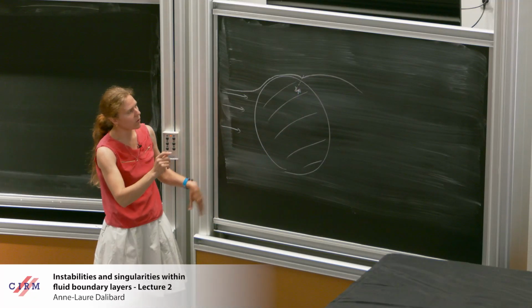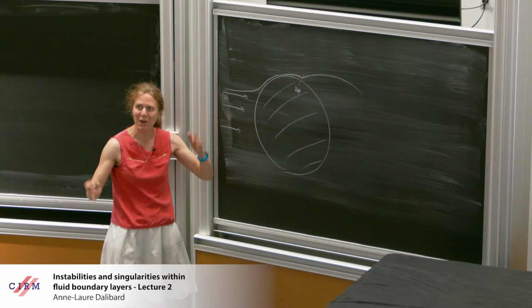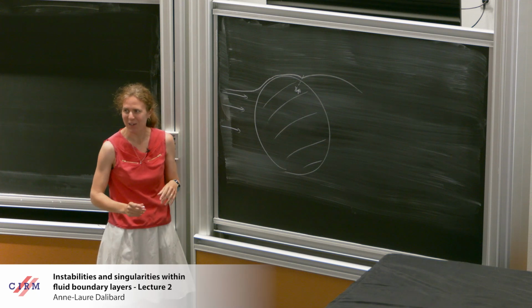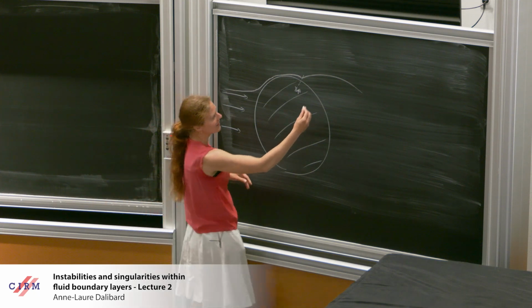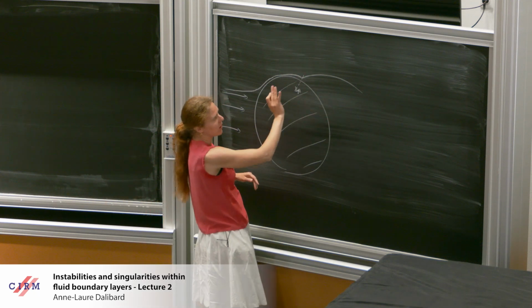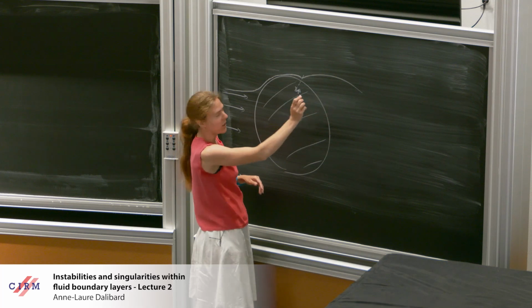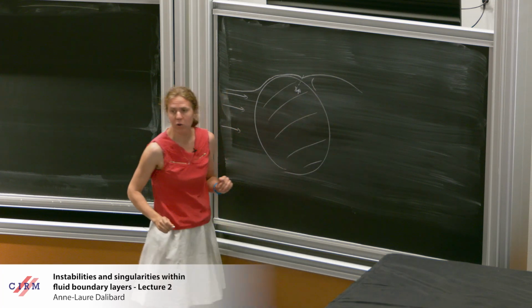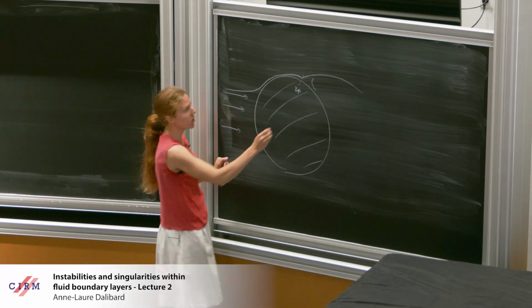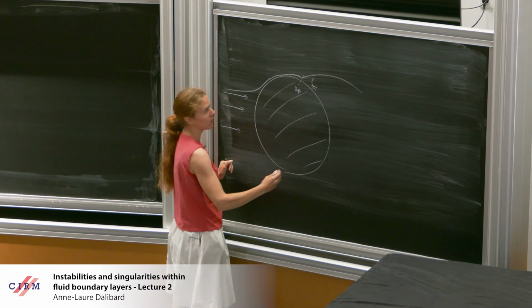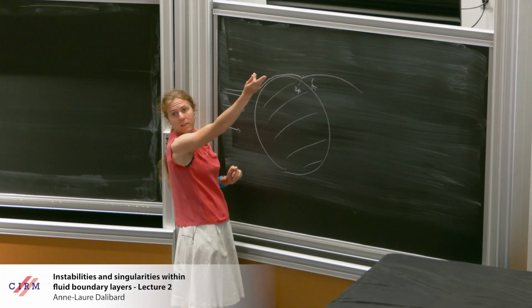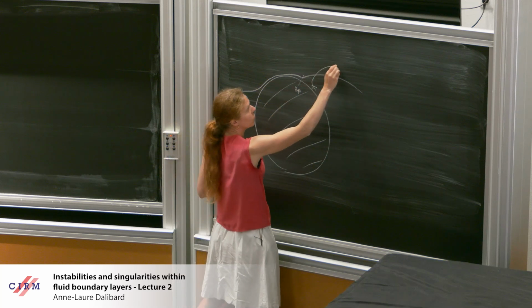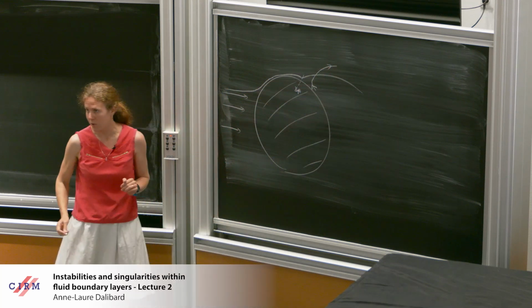At least at the beginning of the lecture, I have a very wide program for today, so I hope I'll be able to cover everything. And then when you are slightly downstream of separation, you start seeing some reversed flow close to the boundary. So here the flow close to the boundary has the opposite sign as the outer Euler flow. So you create some vorticity close to the boundary.